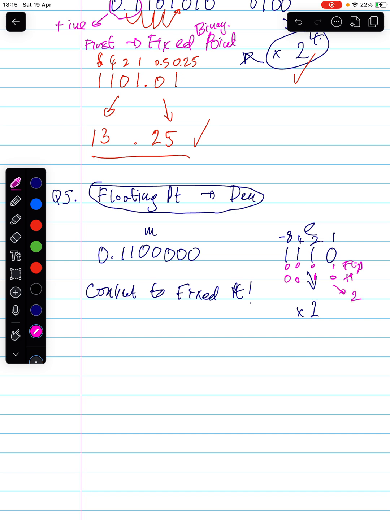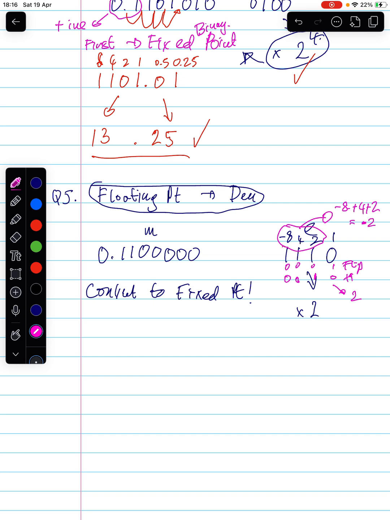But while we're here, let's just look at doing it another way. Reading this, it was going to be minus 8 plus 4 and then plus 2, and that is going to be minus 8 plus 6, which is minus 2. Okay, so this number is actually minus 2.